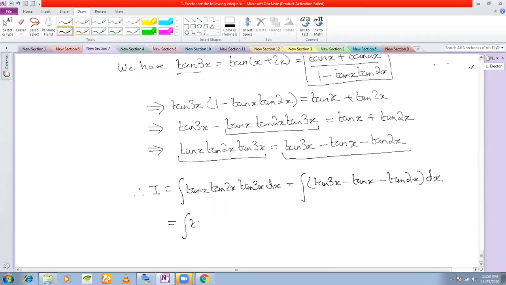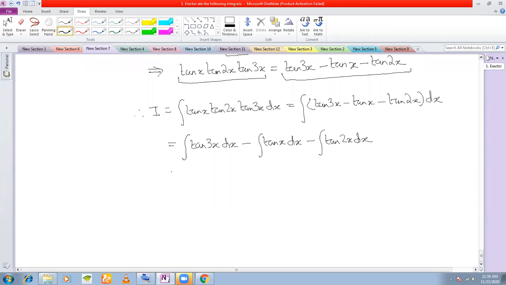Now you can separate integral tan 3x dx minus integral tan x dx minus integral tan 2x dx. Okay. Now tan 3x, what is the integration of tan x? It is log sec x, right?